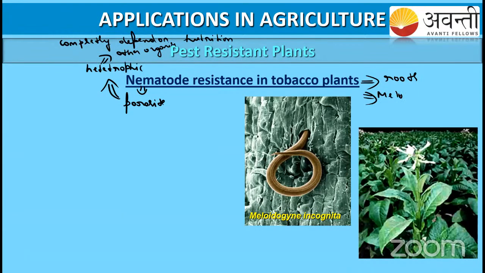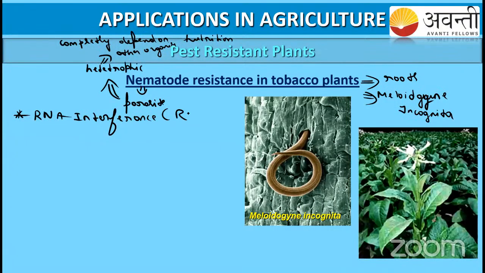Meloidogyne incognita. See here, the biotechnological process we have used is RNA interference.